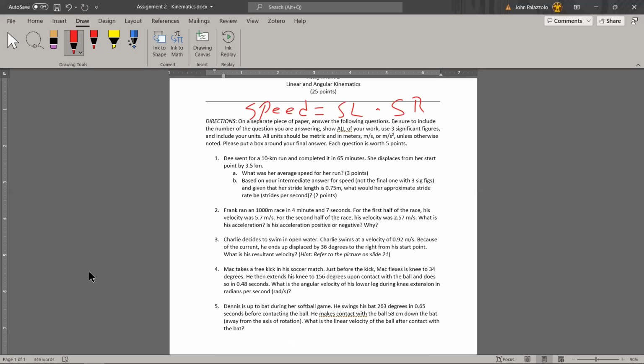Okay, so it's just a multiplication problem. You already calculated speed, and I gave you stride length, so now you have to figure out your stride rate. It just takes some clever isolation of a variable to figure out the answer.